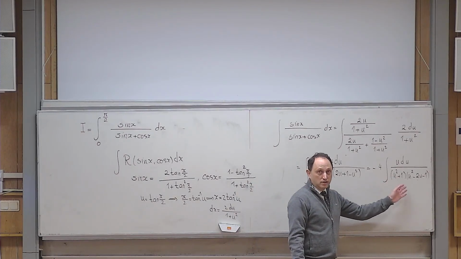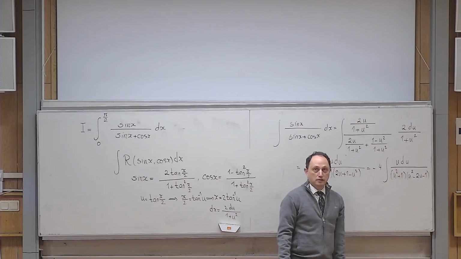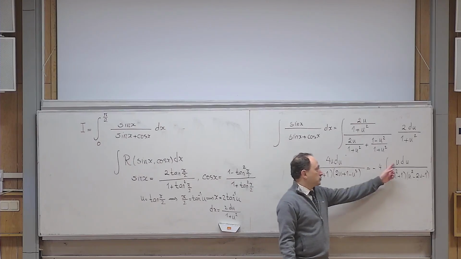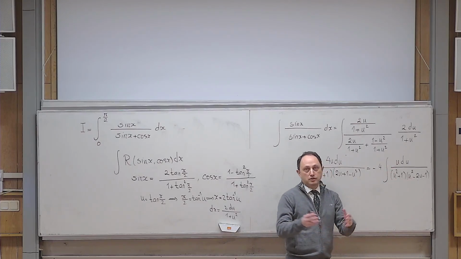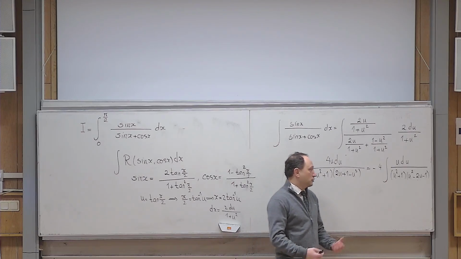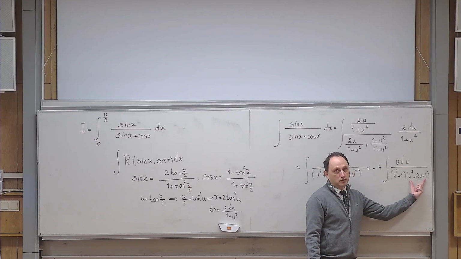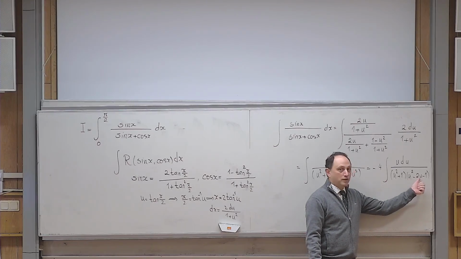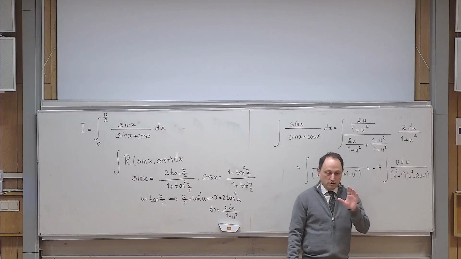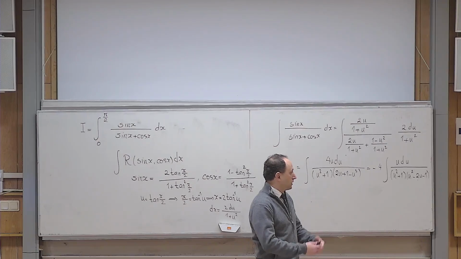It is tedious, I agree, but in principle doable. I use the method of partial fractions, decompose this rational expression into the sum of two fractions, and then I continue. But of course you know that before doing that, because the discriminant of this quadratic polynomial is positive, this can be factorized into a product of two first degree polynomials, so I have to do that.